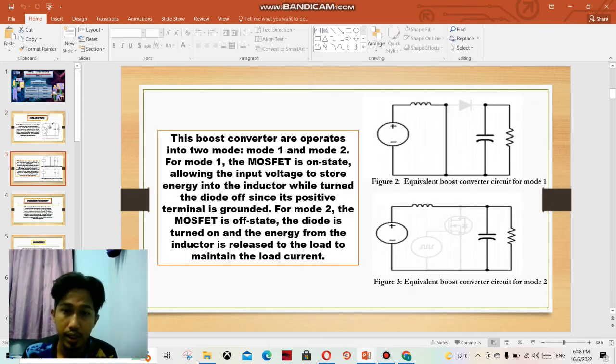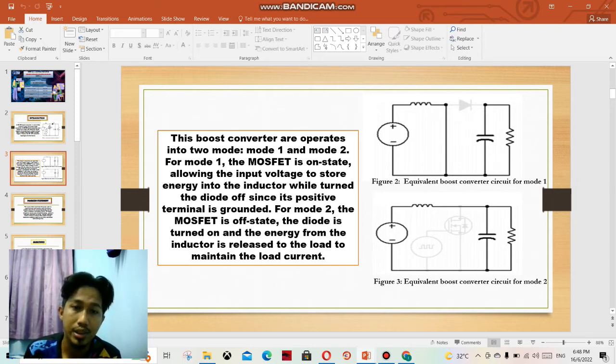This boost converter operates in two modes, mode 1 and mode 2. For mode 1, the MOSFET is in the on state, allowing the input voltage to store energy in the inductor, while the diode is turned off since its positive terminal is grounded.